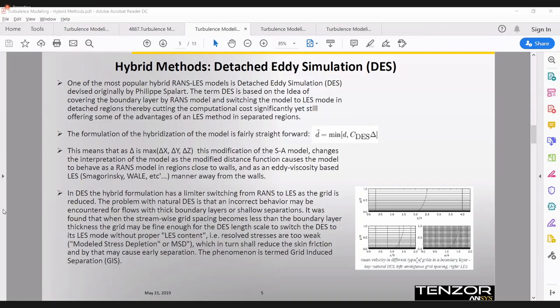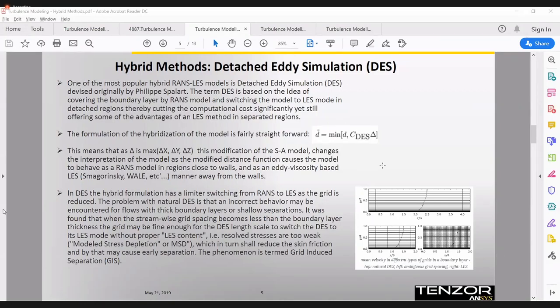The other problem it has is called model stress depletion, which happens mostly because switching from RANS to LES is very problematic. You don't have any turbulent content when you switch to large eddy simulation, so you need to somehow invent it or get it in some other manner.